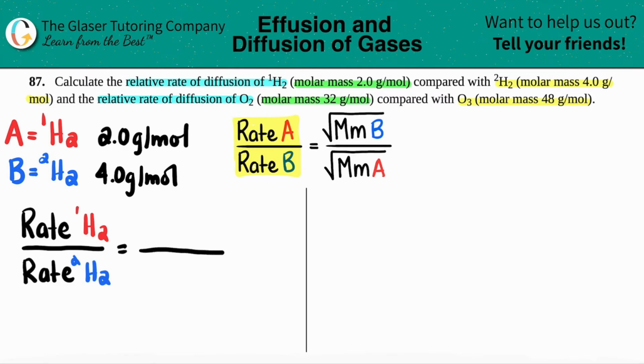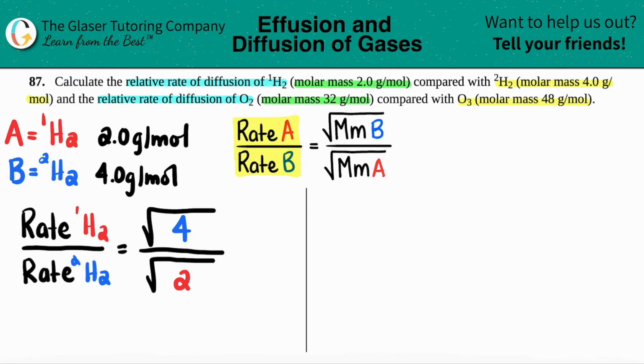Now we just have to do the square roots. M stands for molar mass. The only thing that's tricky here is that the B goes now on the top. So they're on opposite sides, all right? So I'm going to put the molar mass of B, which is 4. I don't put the units because I know I'm in the correct units. And that's divided by the square root of the molar mass of A, which is 2.